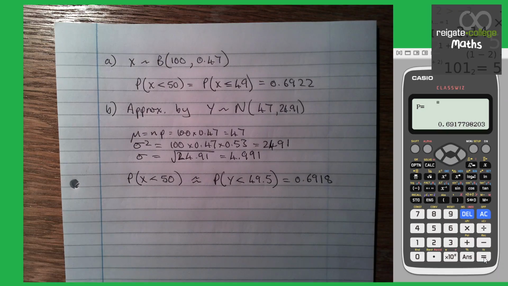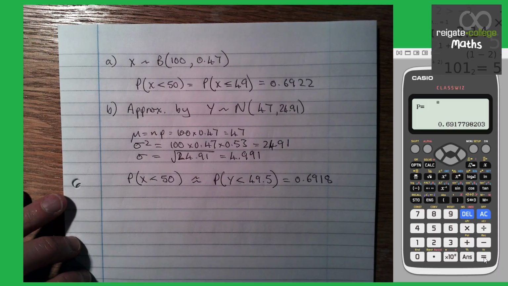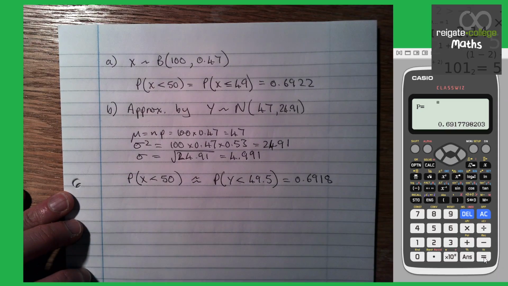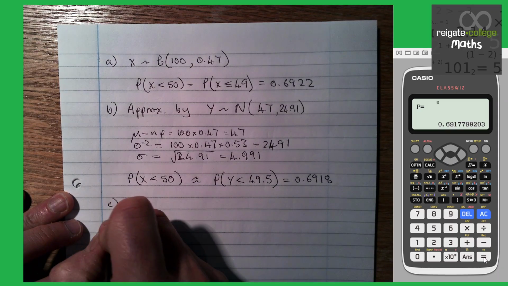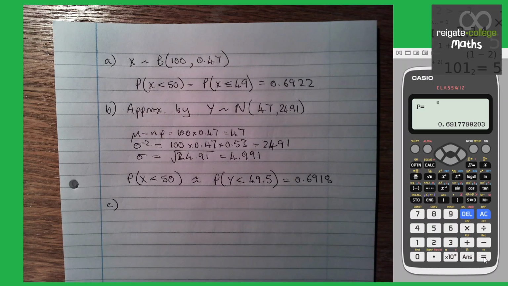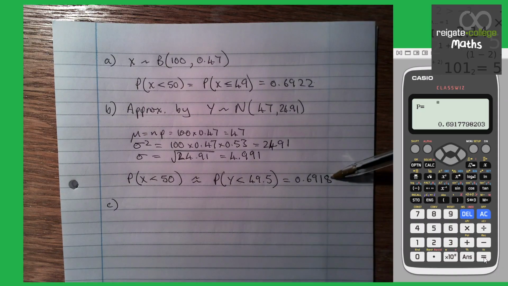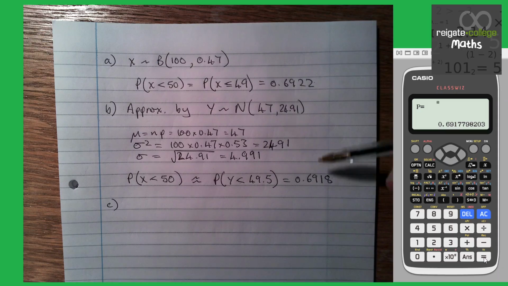So question C: Using your answers to A and B, calculate the percentage error incurred when using a normal approximation in this case. So for percentage error, we're going to find the difference between these two and then divide by the actual value.